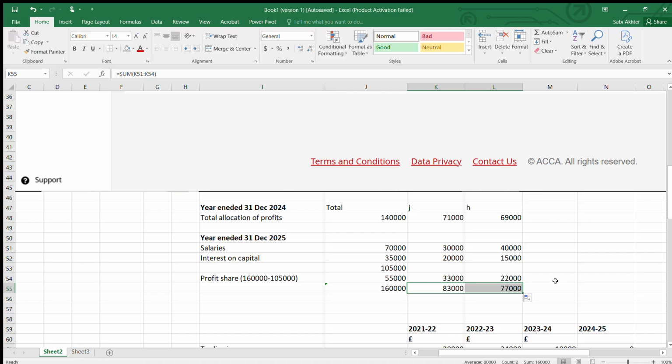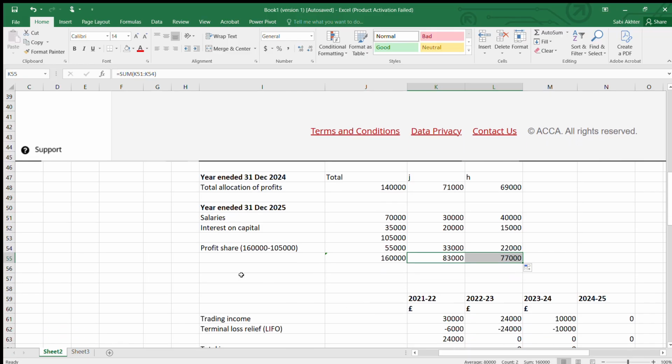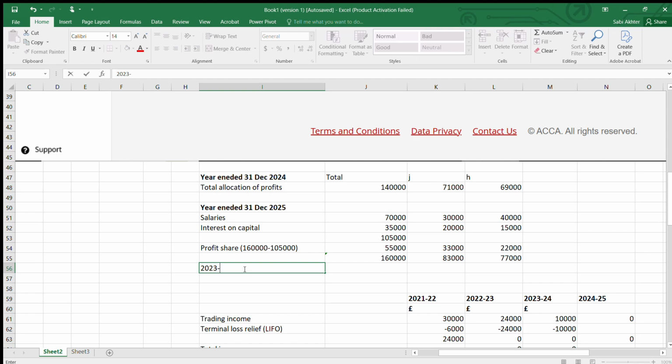77. So now they started trading on 1st Jan 2024. So from Jan to April 24 is 3 months. Okay. So you have to take it on the tax year basis. Now when you take tax year basis, 2023-24, they started trading 1st Jan 2024. So from 1st Jan to 5th April 2024, 3 months. Okay.